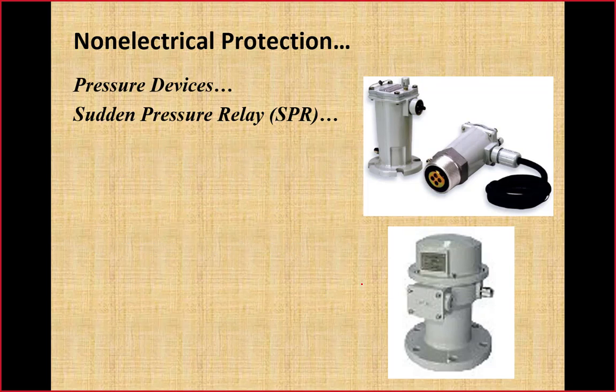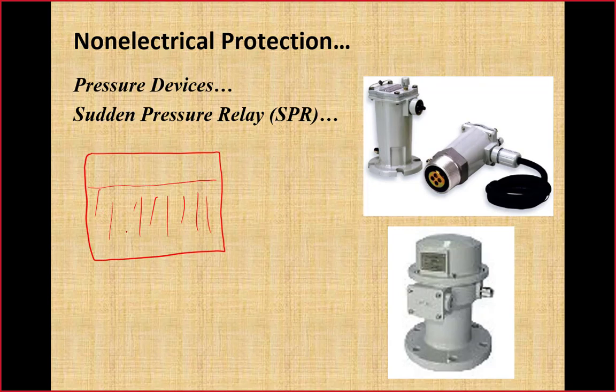Now here I will explain the working of the sudden pressure relay with a very simple example. Let's say this is the transformer tank, which is filled up to this level with oil, and definitely the winding will be submerged in this oil. Here we have an air cushion above this oil level.